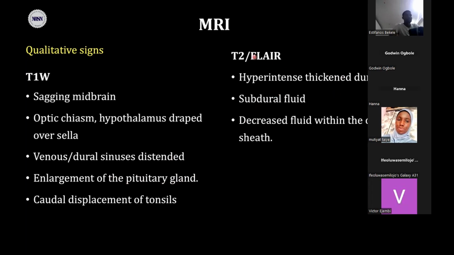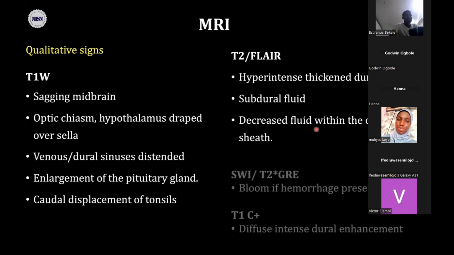On T2 images, realize that you are able to pick up a thickened dura, which will show as hyperintense on T2. Subdural fluids too will be there on T2 and FLAIR. And the CSF around the nerve sheaths will be decreased.